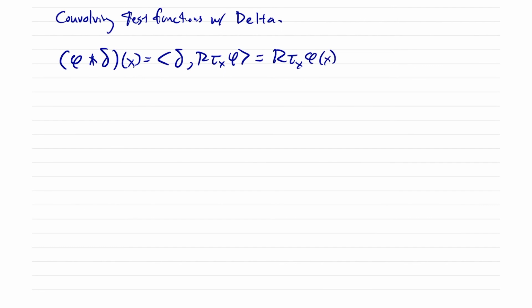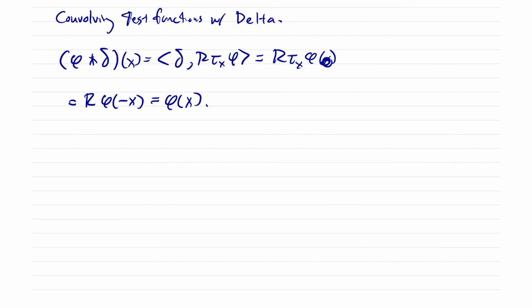But what does all this mean? If we start unpacking that, we have R of phi, we do the translation, so it's going to be 0 minus x, and then the reflection gives us phi of x.